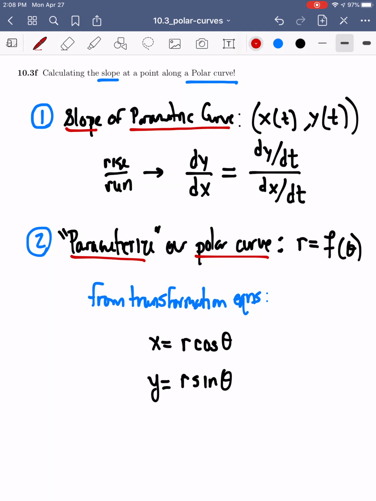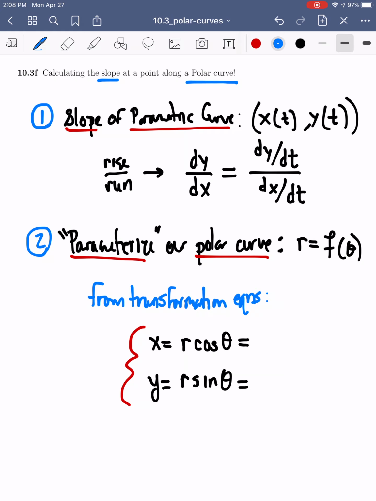And remember, what we're trying to do is parameterize our x and our y. So on this right-hand side, if we get all functions of a parameter, we could parameterize x and y. And we're just about to do that.